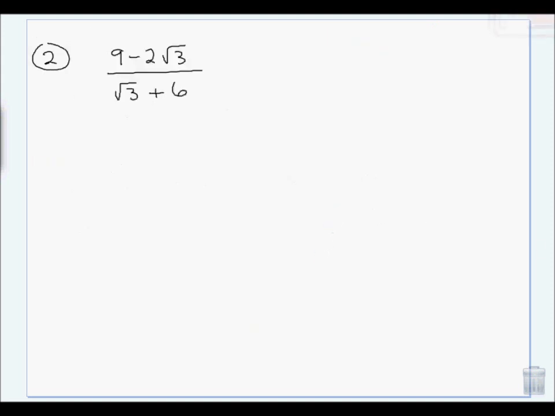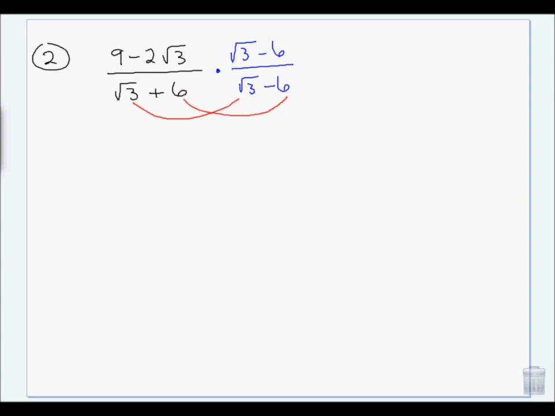Here I have the square root of 3 plus 6, so what I'm going to multiply by is the square root of 3 minus 6. In this example, I'm going to have to FOIL the numerators, because I have 2 terms. But again, shortcut, I can just do first and last in the denominator.